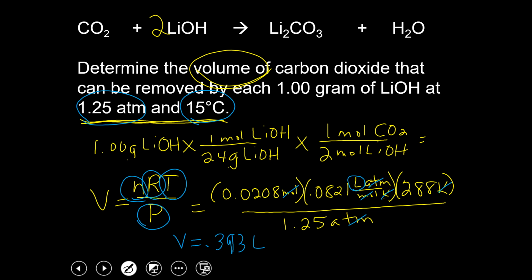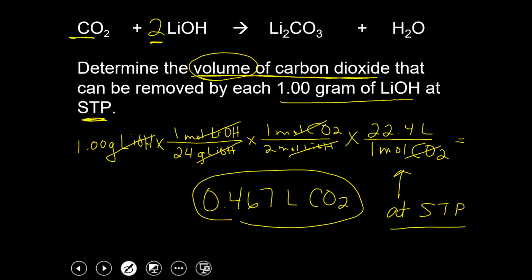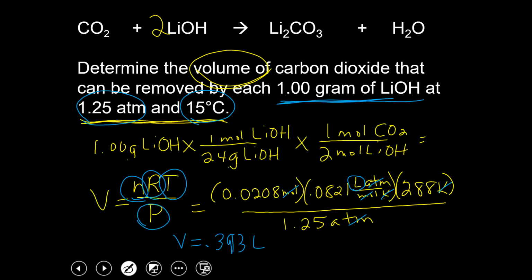This is the volume that the same amount of carbon dioxide, same moles, because we started both with a gram of lithium hydroxide, so they make the same number of moles of CO2. At STP, the volume was 0.467. Under these conditions, it's much smaller.